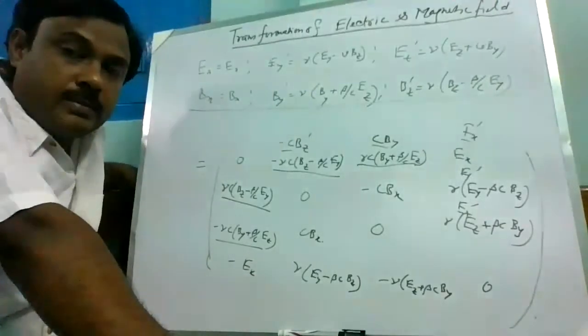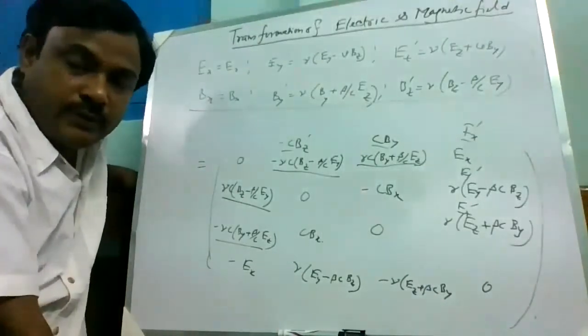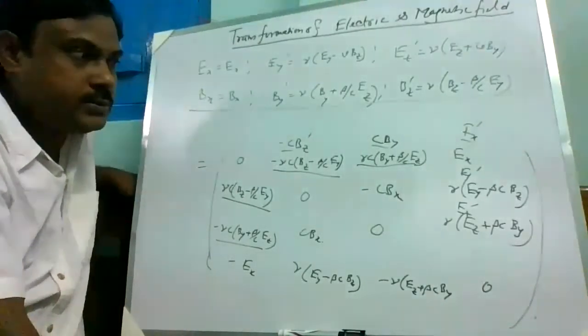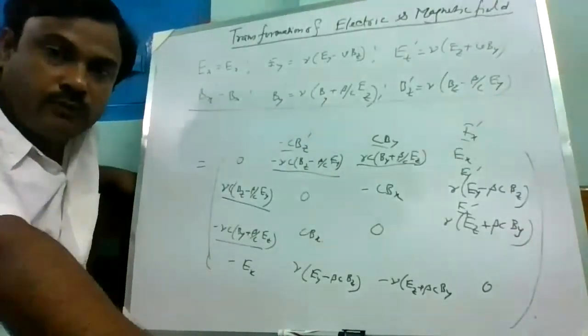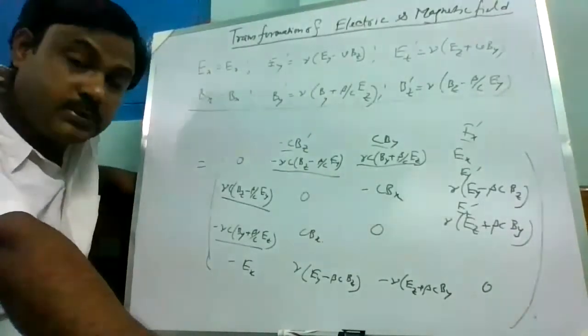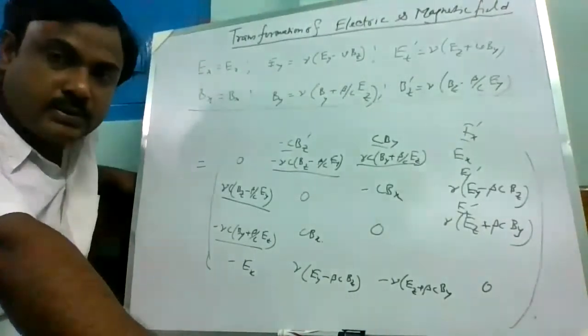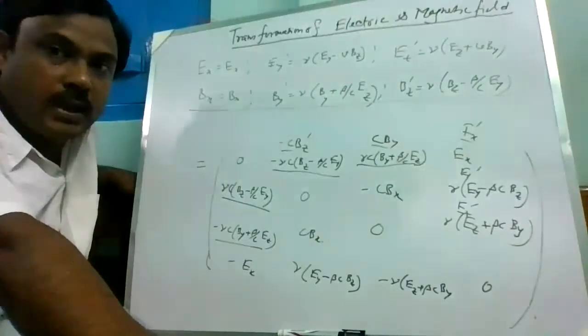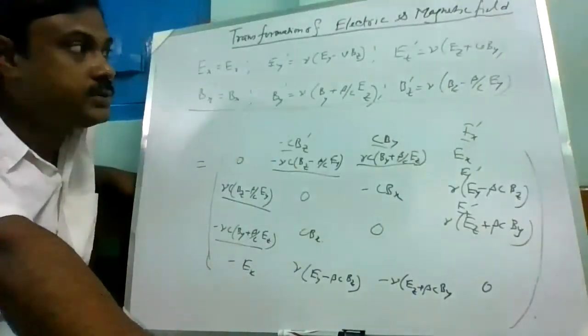Now there is another approach. I have mentioned it in the first class. If you follow Griffiths and other books, they have not gone to this four vector formulation. Four vector formulation is there in Jackson and a few other textbooks.